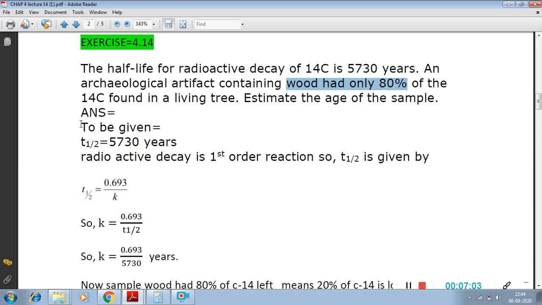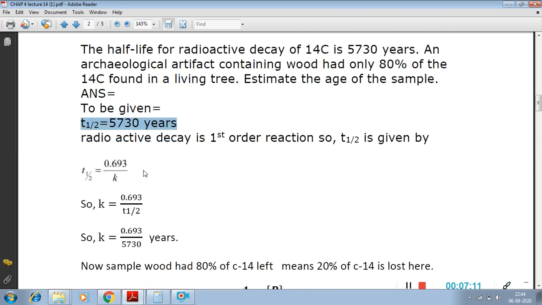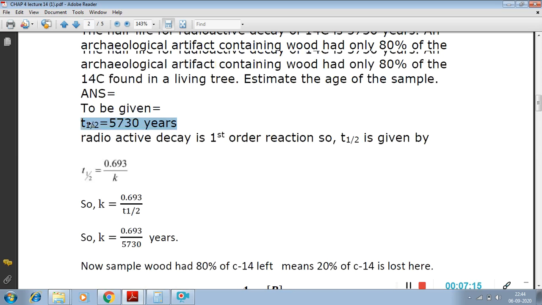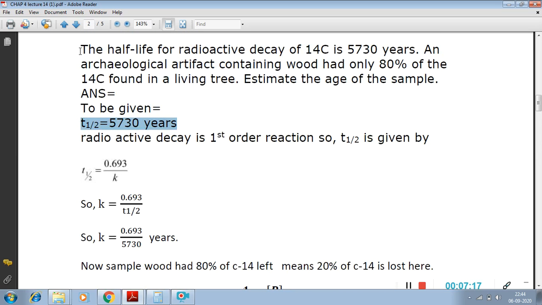So what are the values that are given to us? Only one value is given, T1 half, that is 5730 years. Now any compound that is radioactive, the reaction for that compound is a first order reaction. You have to remember this sentence very carefully, listen to it.